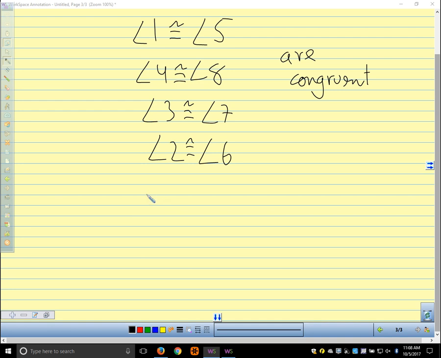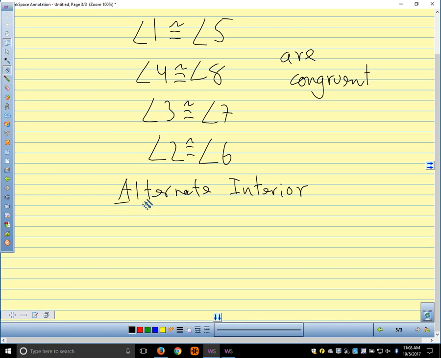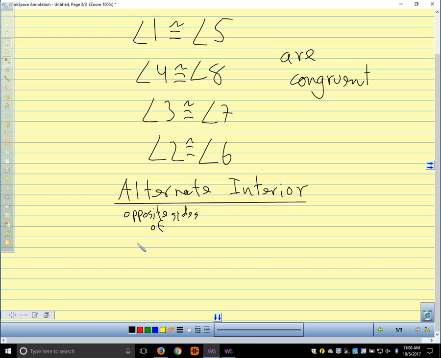All right, let's move to the left. In the box it says alternate interior. So the alternate interior angles: alternate means opposite sides of the transversal. Interior means between the parallel lines.